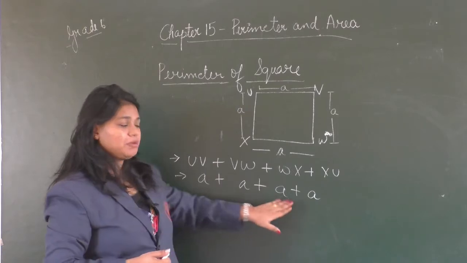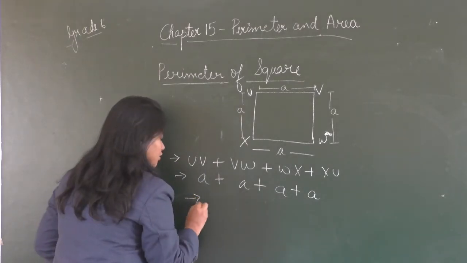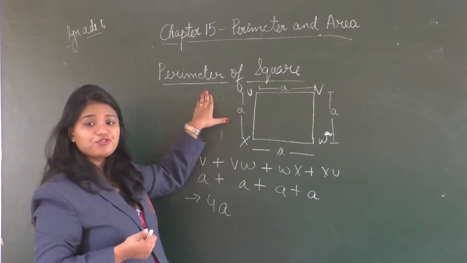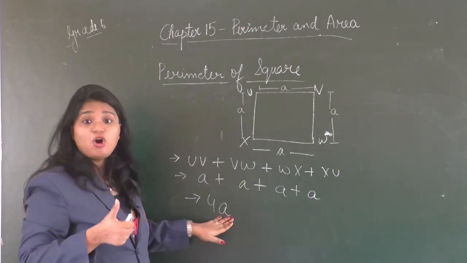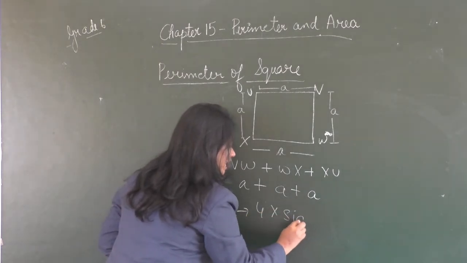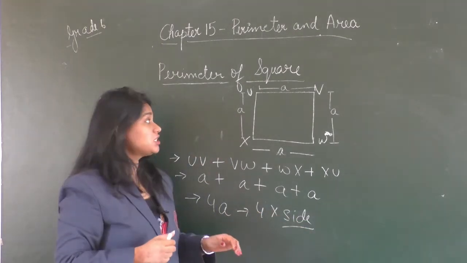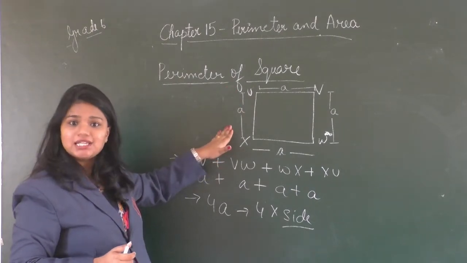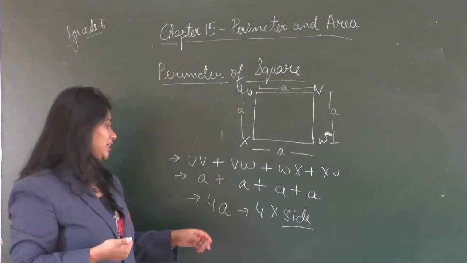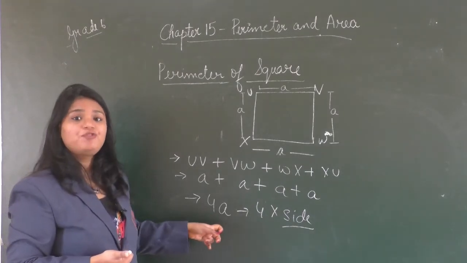So A plus A plus A plus A is equal to 4A. So we got the formula for perimeter of a square, that is 4A, or you can write it as 4 into side. Why? Because here the measurement of one side is A. So we got the formula 4 into side, or you can also say 4 into A or 4A.